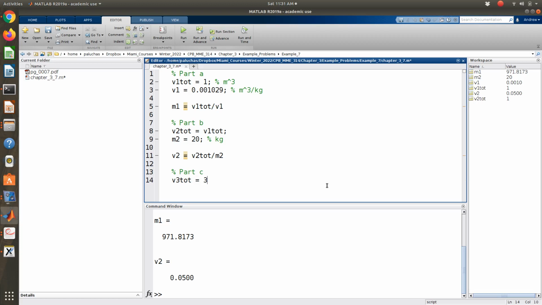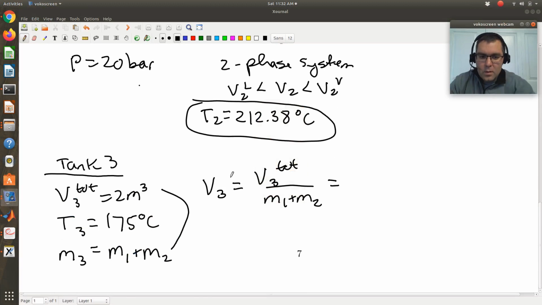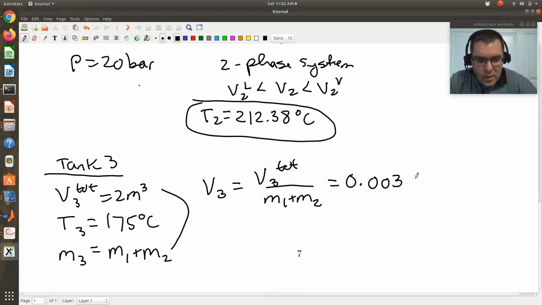It just so happens it's equal to V1 total plus V2 total. And so V3 is going to be equal to V3 total divided by M1 plus M2. Okay, so V3 is 0.003 meters cubed per kilogram.